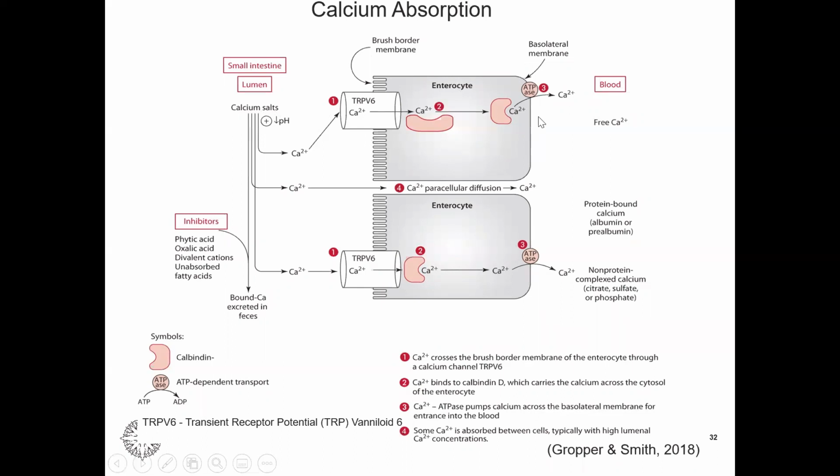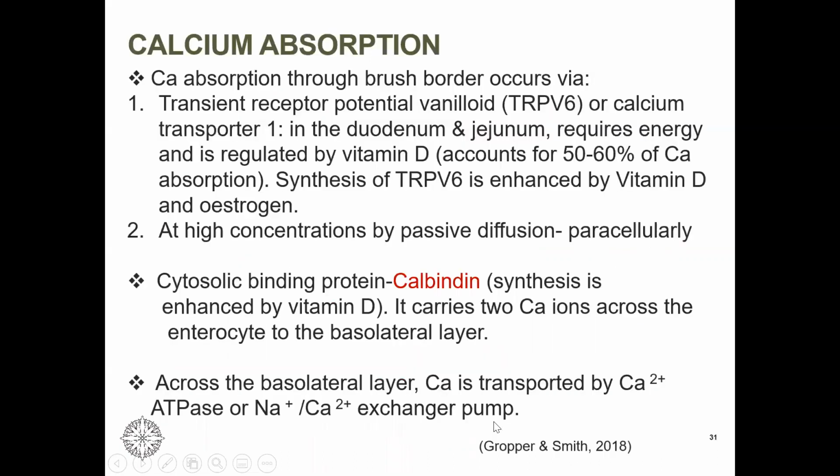Then at the basolateral layer, we have calcium ATPase that gets it across into the blood, and in the blood it can move around freely, and sometimes it may be bound to albumin. Just one more point, that even estrogen is needed.